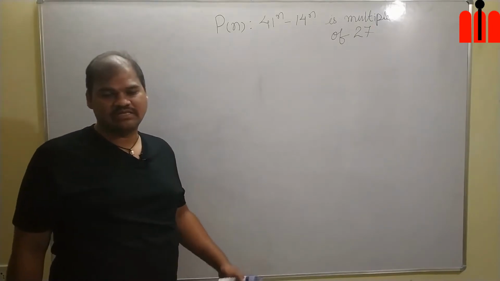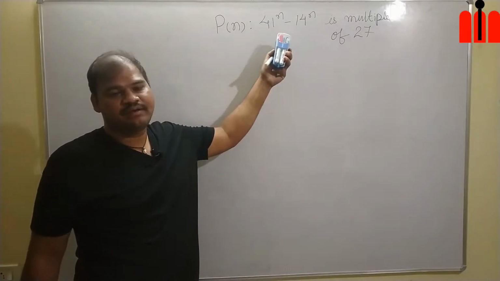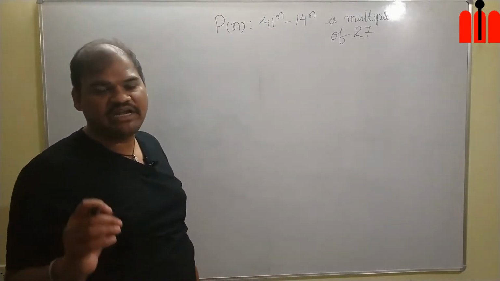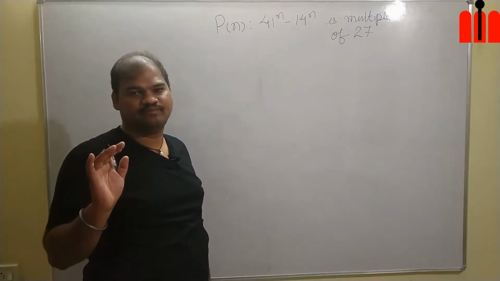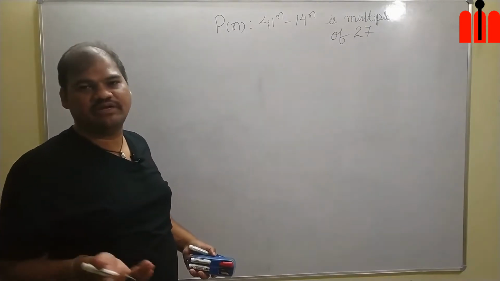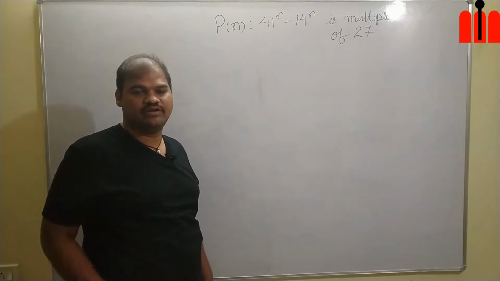So my problem is: 41 to the power n minus 14 to the power n is a multiple of 27. This type of problem can also lie in the divisibility type of problem, because we are using a multiple of 27.